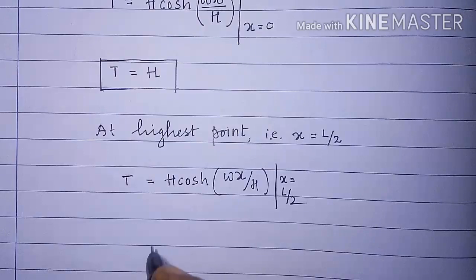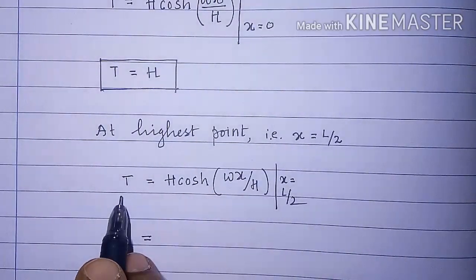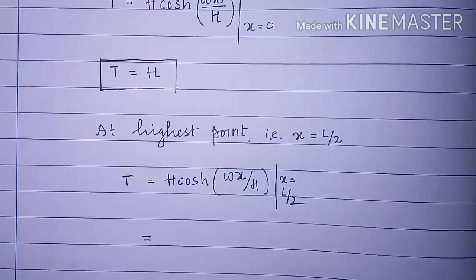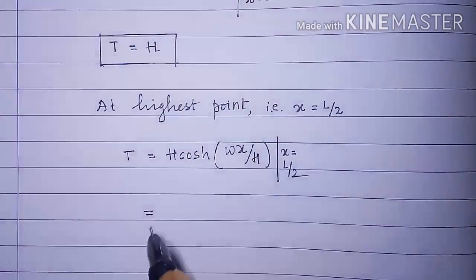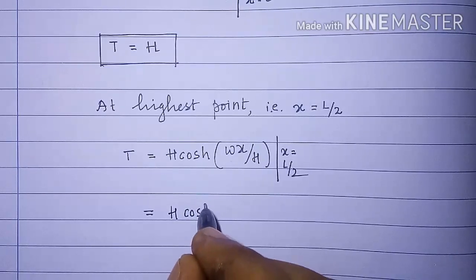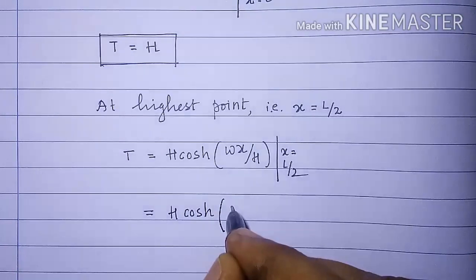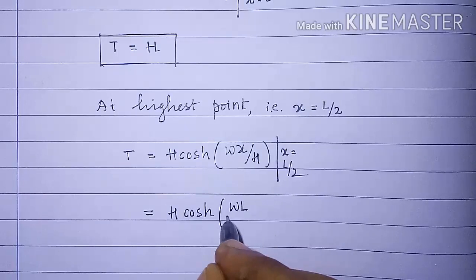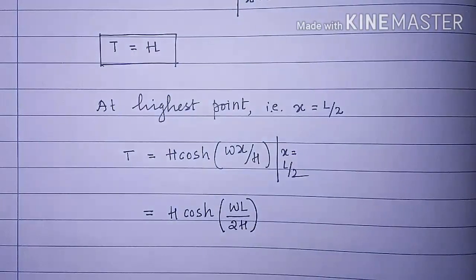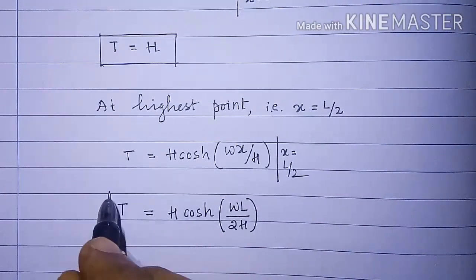The expression for T is to be simplified for x equal to L by 2. So h into cos h of WL by 2h we get. This is the tension at the highest point.